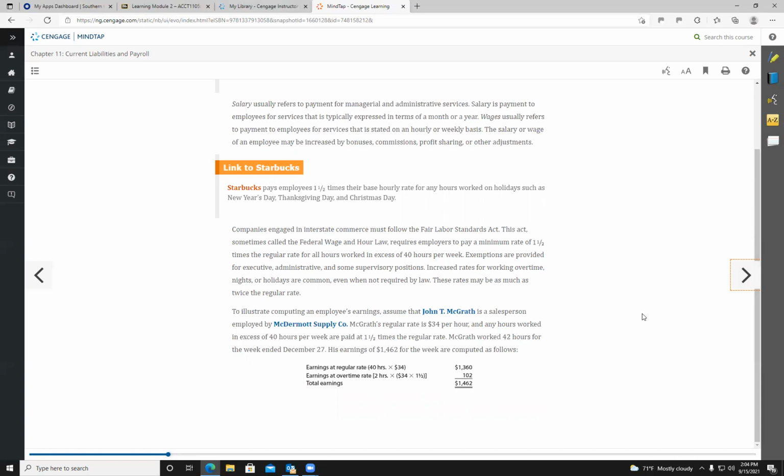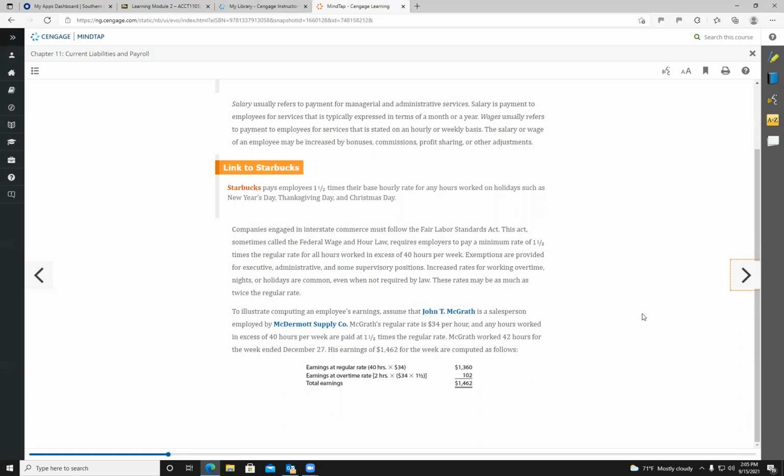Some exemptions are provided for, like the executive, administrative, and supervisory positions, and those usually end up falling under the salary section, not the wage section. That's why they are considered exempt.